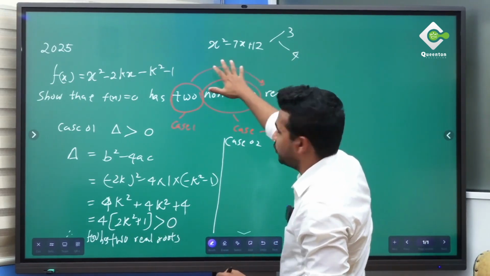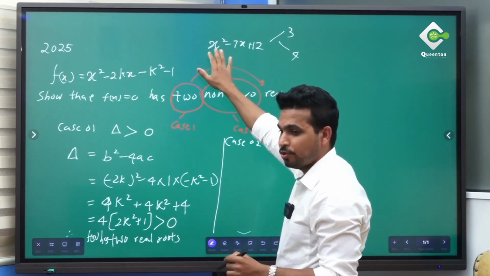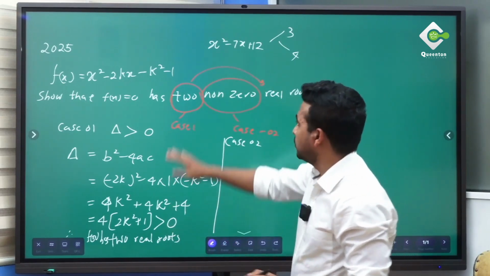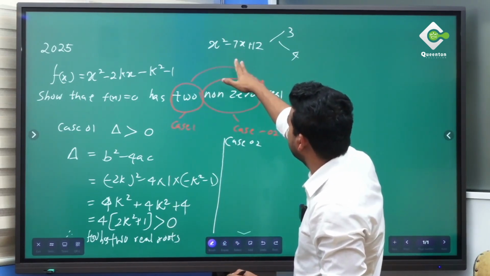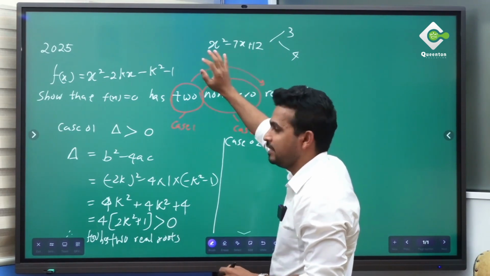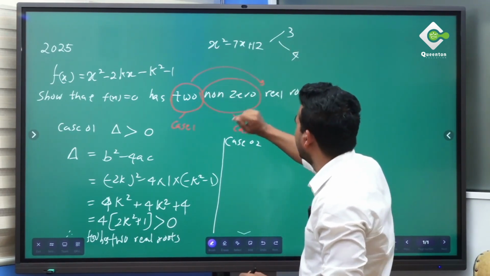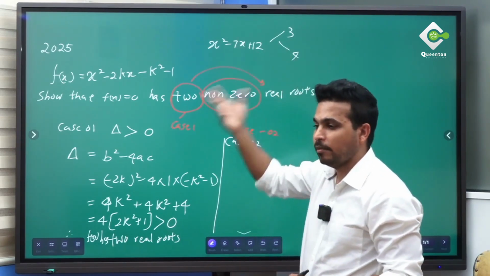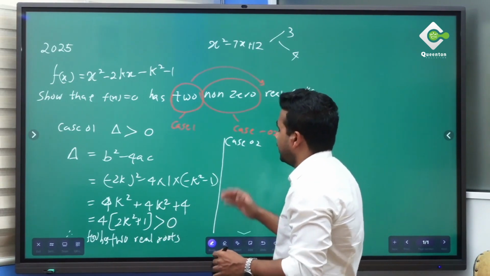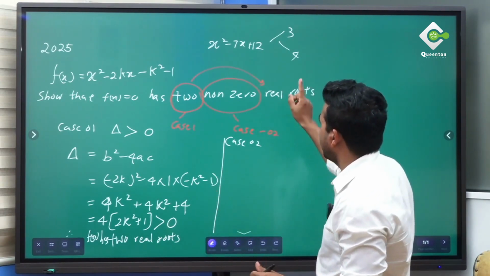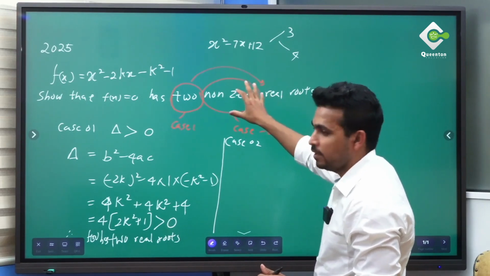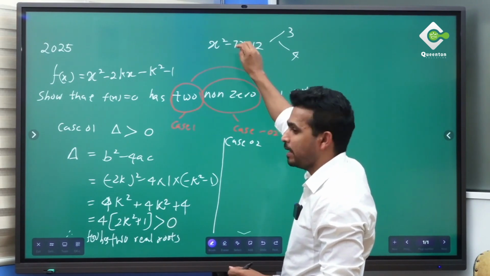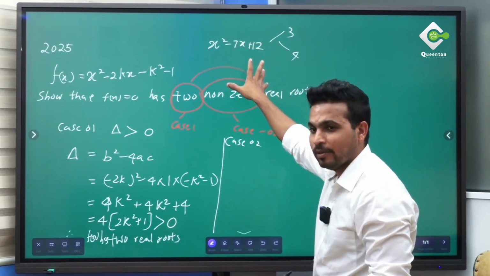If you substitute 3 for x, then the whole thing would be 0: 3 squared is 9, 3 into 7 is 21, 12 plus 9 is 21, and 21 minus 21 is 0. Similarly, after putting 4 for x, that also becomes 0, right? According to the theory, if you put the root for x, then this is automatically going to be 0.